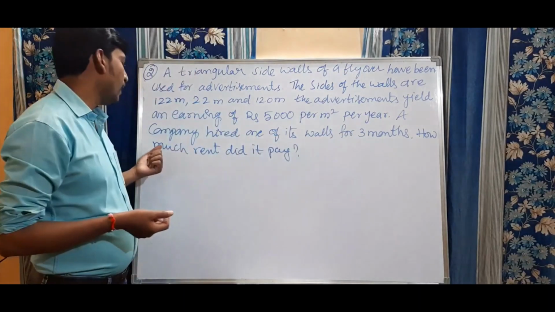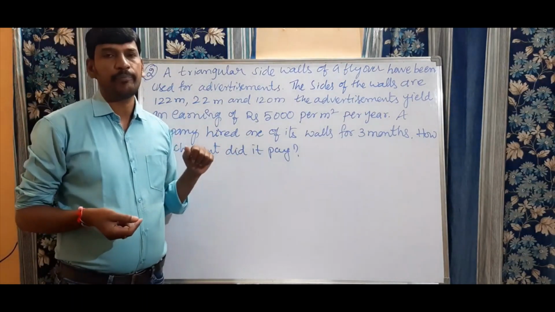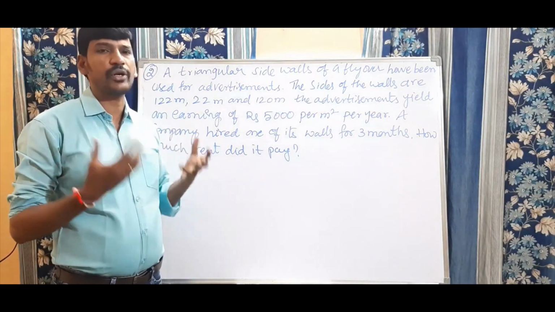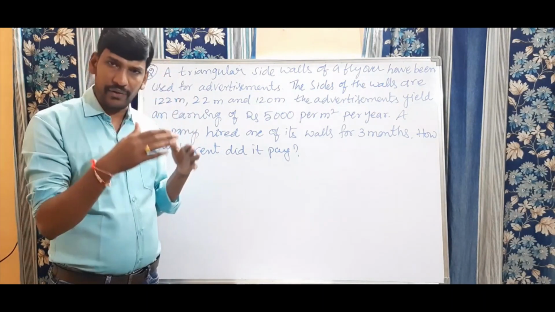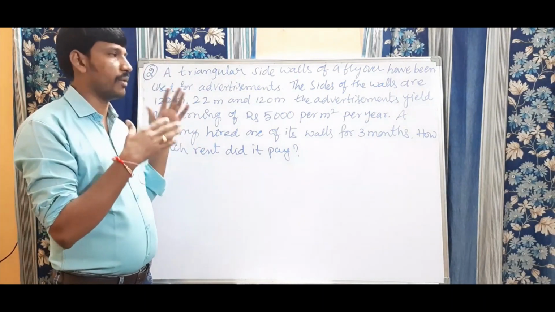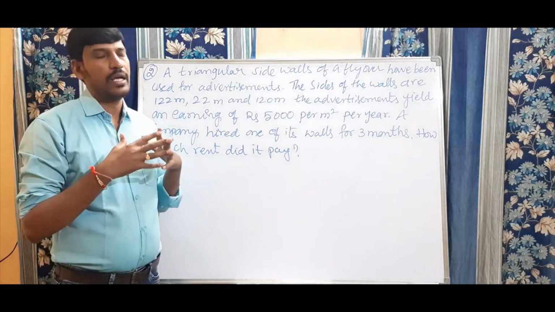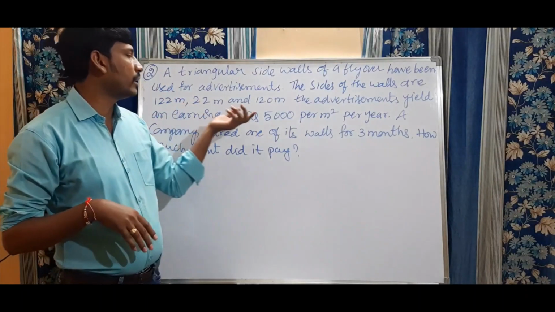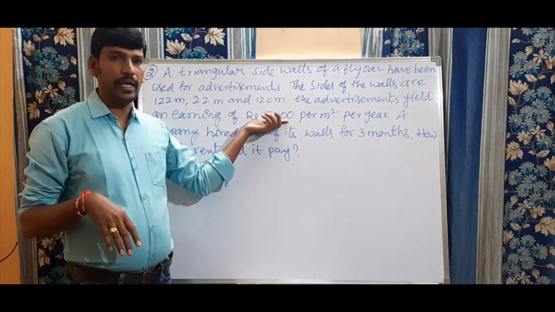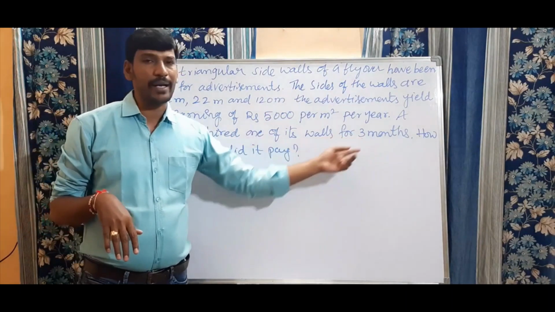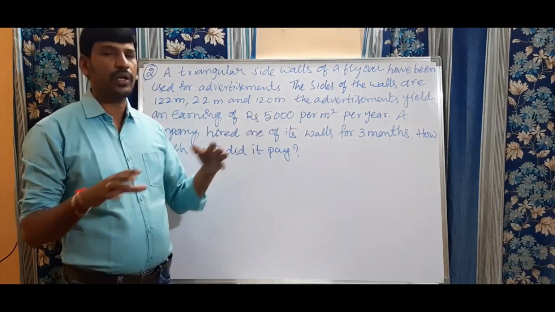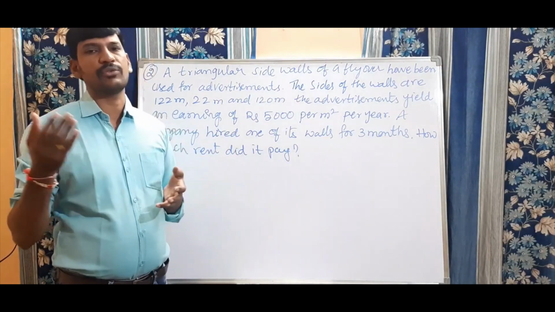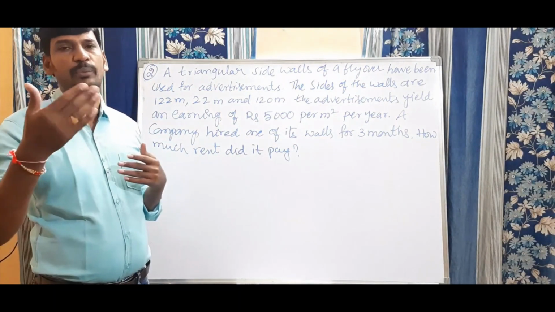How much rent did it pay? Clear? So what are you going to find out? First of all, we will find the area of that wall. It is in the form of a triangle. Clear? Then after that, find out how much amount per year. But they are asking only for 3 months. Then divide by 4, you will get the answer. 3 months means 3 by 12, that is 1 by 4.